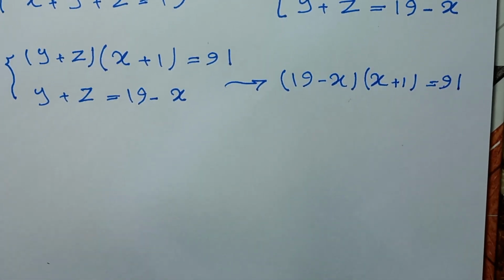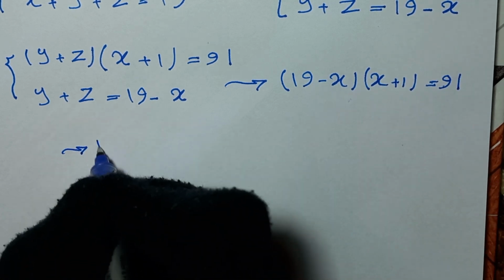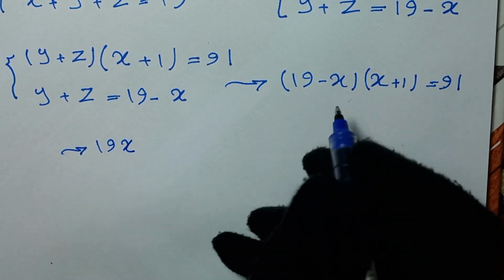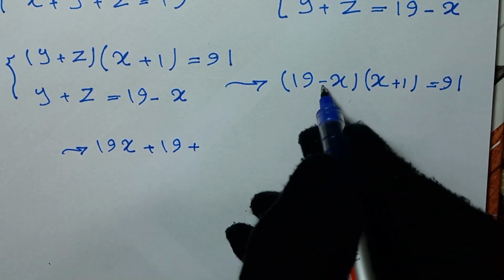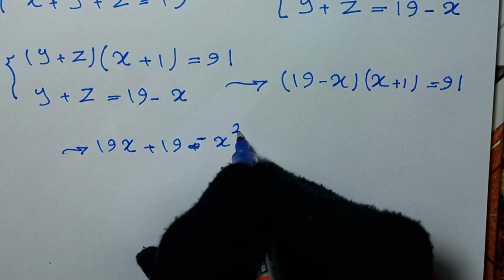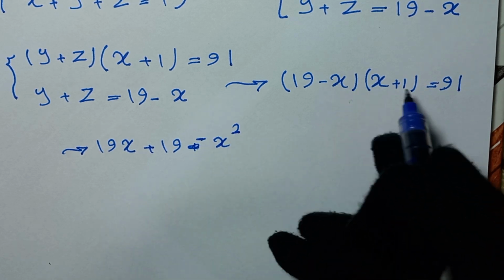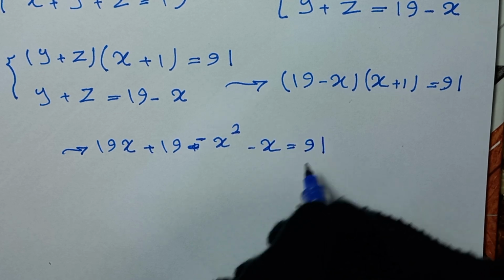So it will be 19 times x, it will be 19x, 19 times 1 it will be 19, and negative x times x, it will be negative x squared, and negative x times 1, it will be negative x, is equal to 91.